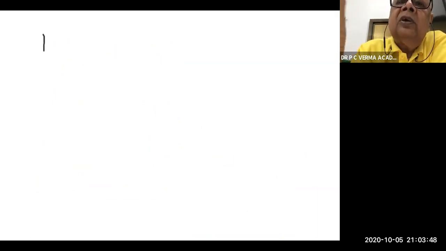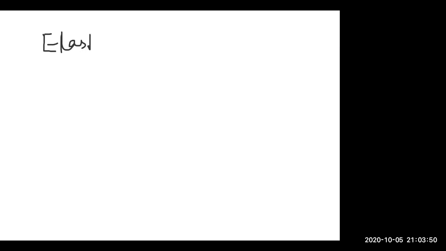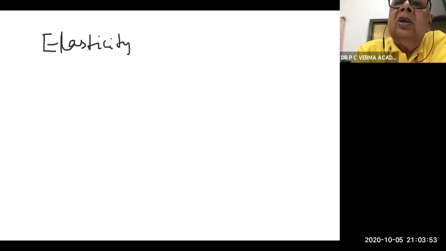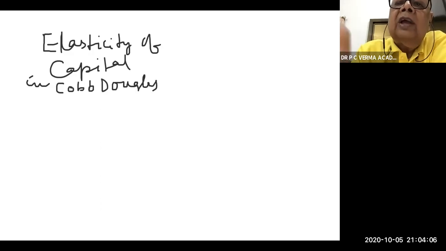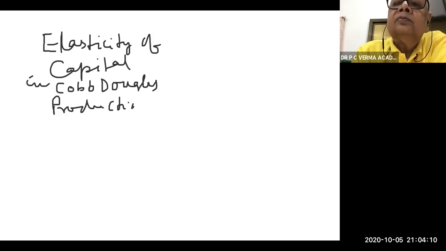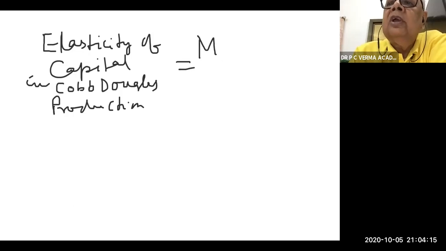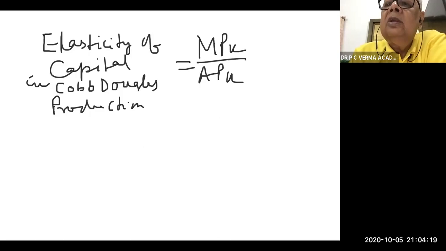Elasticity of capital in the Cobb-Douglas production function is equal to marginal productivity of capital by average productivity of capital.